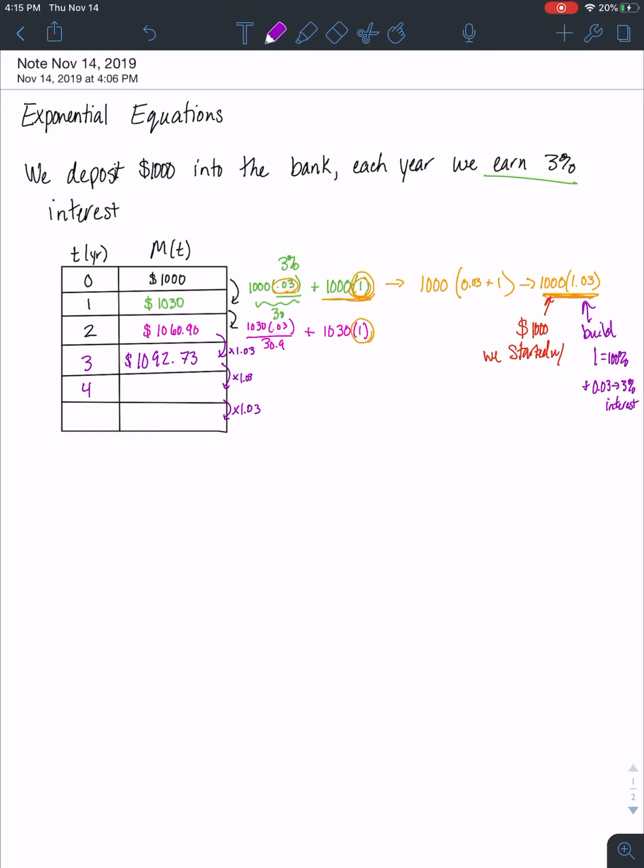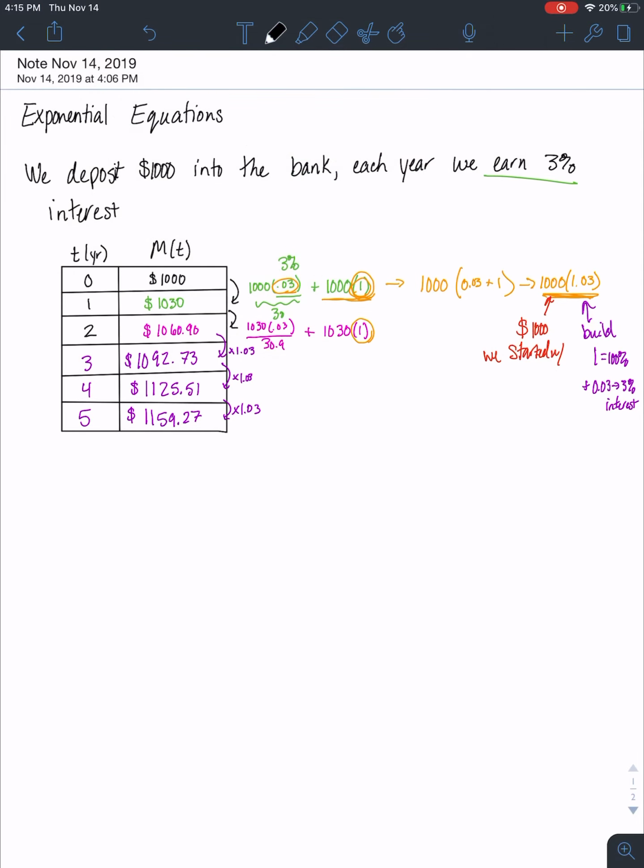After 4 years, I would have $1,125.51. And finally, after 5 years, I would have $1,159.27.